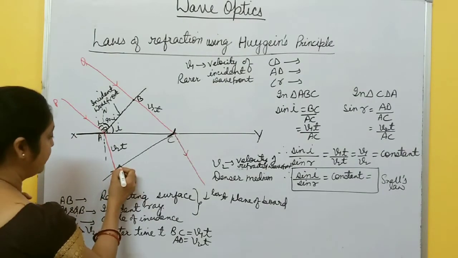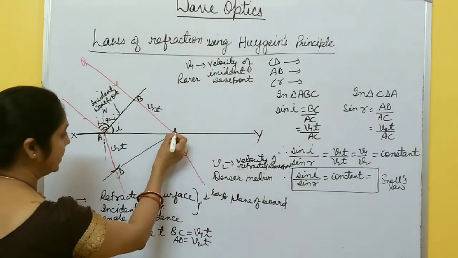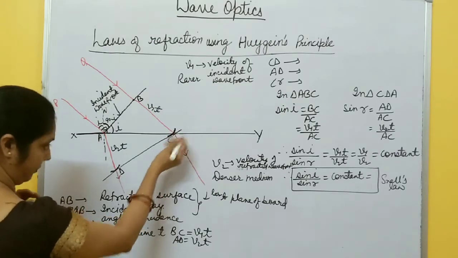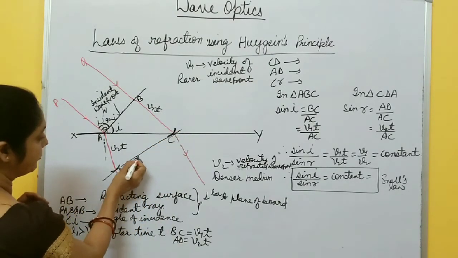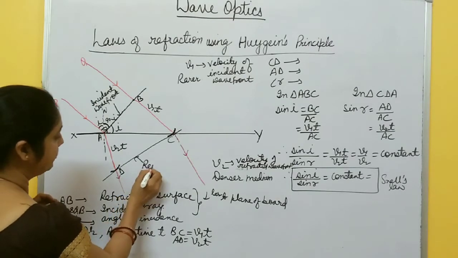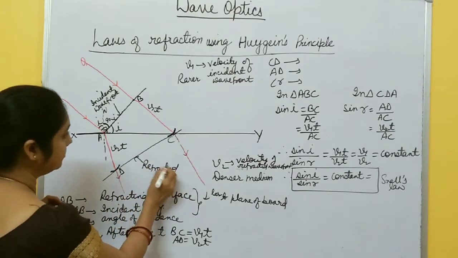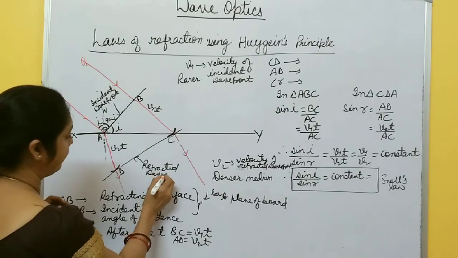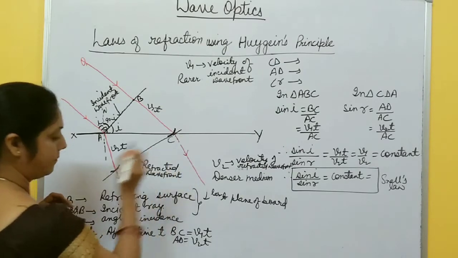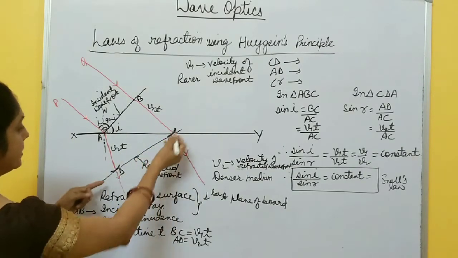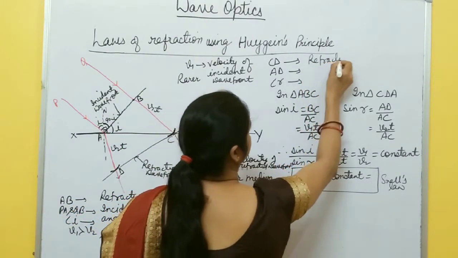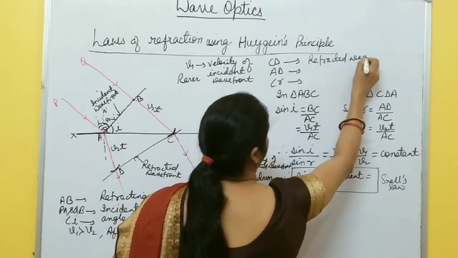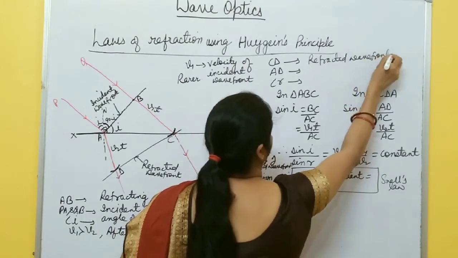Now if you draw a tangent to these secondary wavelets, you get a new wavefront. This wavefront is called refracted wavefront. So this CD is the refracted wavefront.